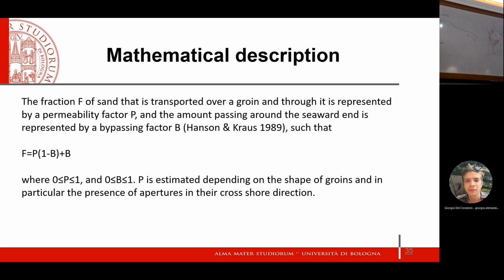So you multiply the permeability by 1 minus B, because of course you have to subtract the fraction that is bypassed, and then you sum this product of permeability times 1 minus B to the bypassing, and this is the fraction. And the permeability can be simply estimated as a ratio between the area of the windows and the full area of the body of the groin, so area of the void plus area of the void and the structure, the hard structure.